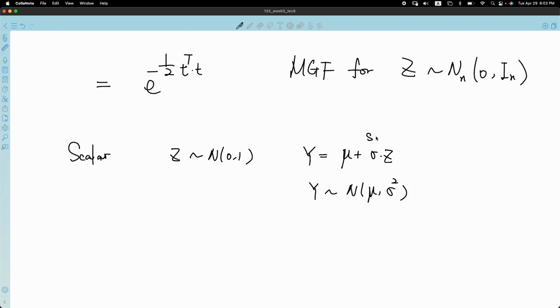Here is the standard deviation, here is the variance. So this is the transformation that we mentioned in the scalar version.